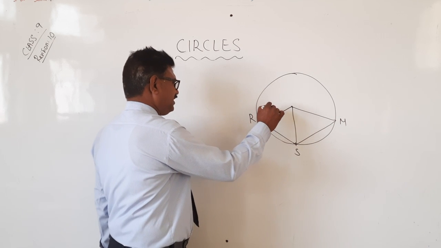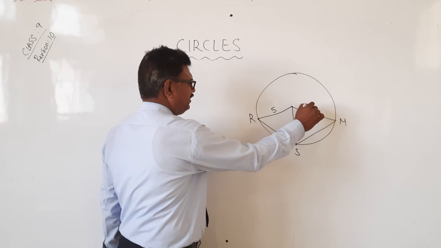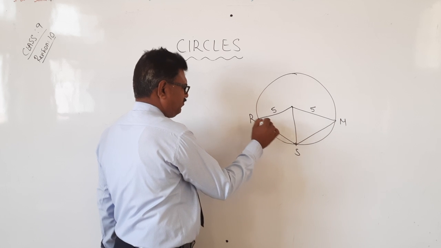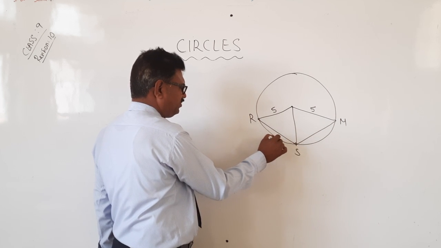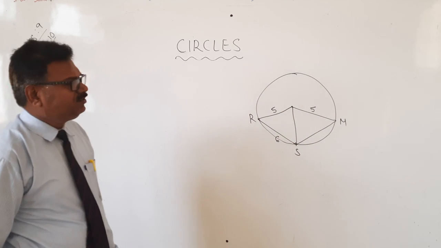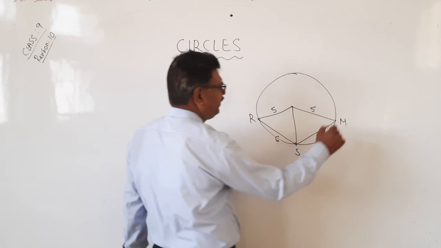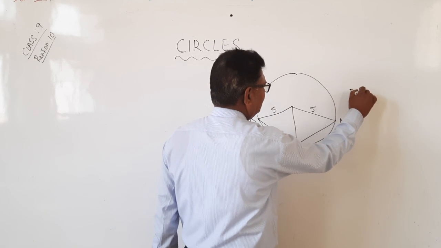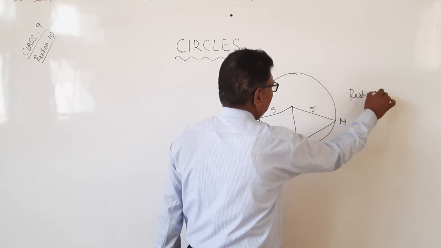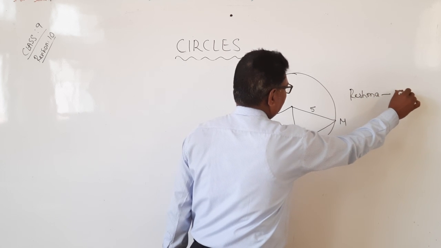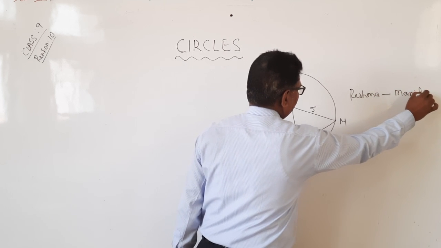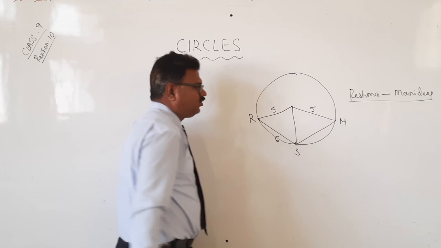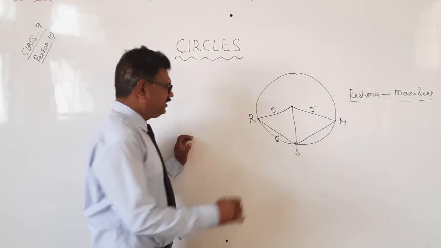The radius of the circle is 5 cm. Here it is 5. From Rashmi to Salma is 6. Now we should find out the distance between Reshma to Manidi. We have to find out the distance like this.